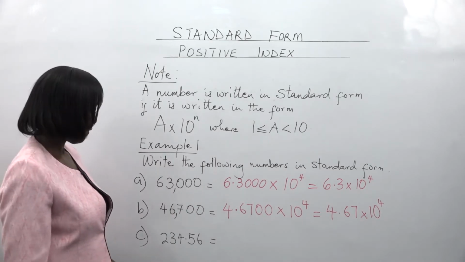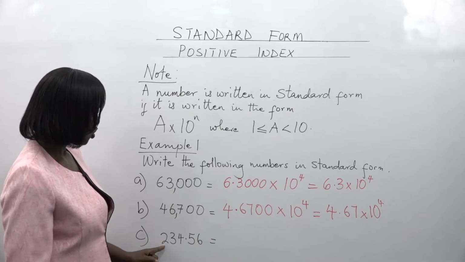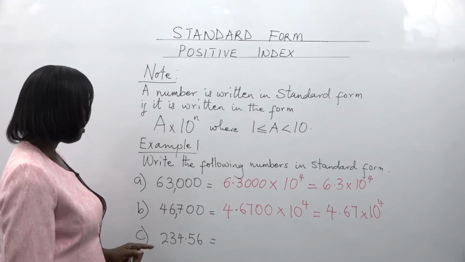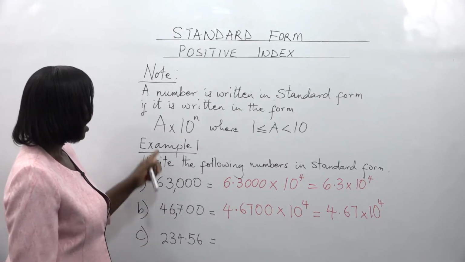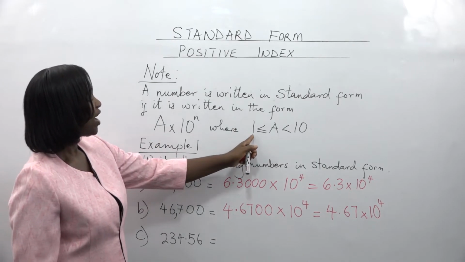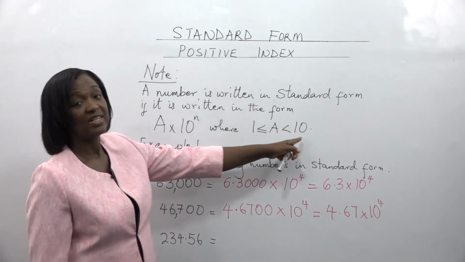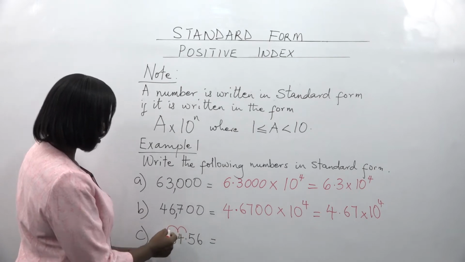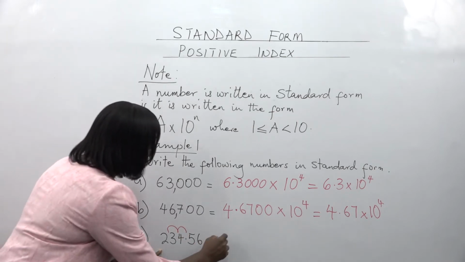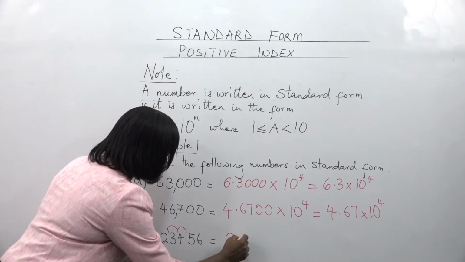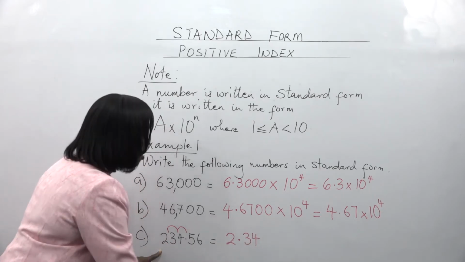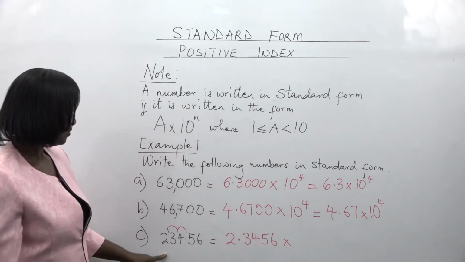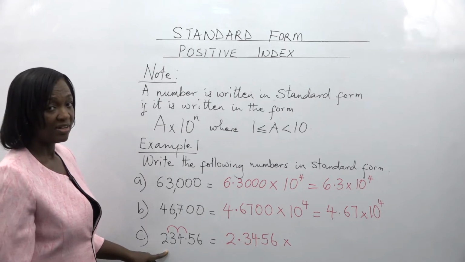The next example, we want to write 234.56 in standard form. But remember, for it to be in standard form, a has to be 1 or greater than 1, but less than 10. So it's more like moving the decimal point here. So it becomes 2.3456 times what power of 10?